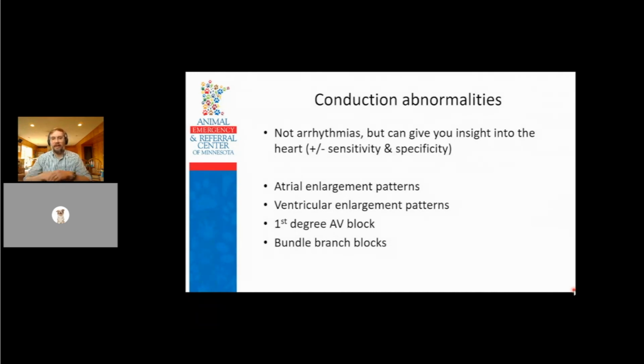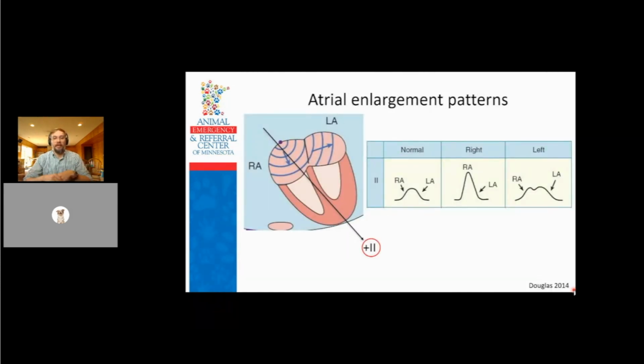And then the last things that we'll just briefly look at, and again, this is probably more just for reference, are conduction abnormalities that you can find on the EKG, but don't actually interrupt the rhythm or cause arrhythmias. And they're not very sensitive or specific either. So they're things that I think can help you think about different things, but I wouldn't diagnose a dog with right atrial enlargement just based on a tall P wave.